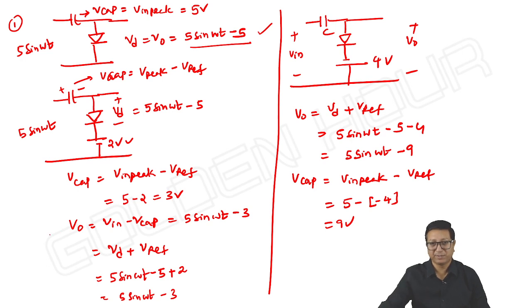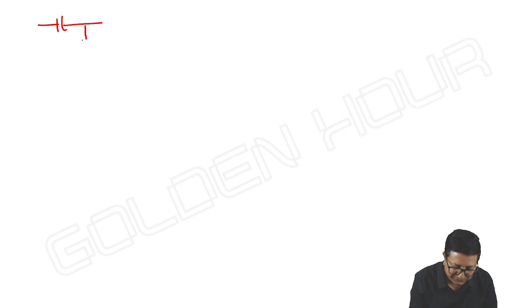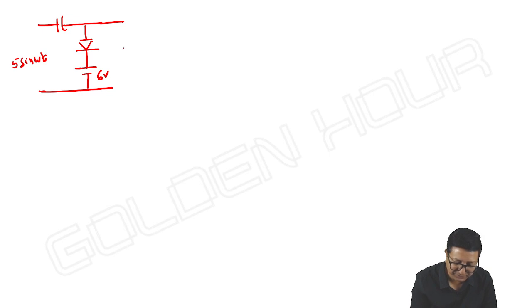Okay, the next point. So negative reference voltage you can take like this, and positive reference means again, oh sorry, suppose I'm giving here 6 volts and input is 5 sin omega t.